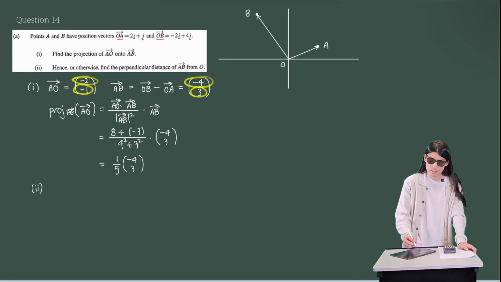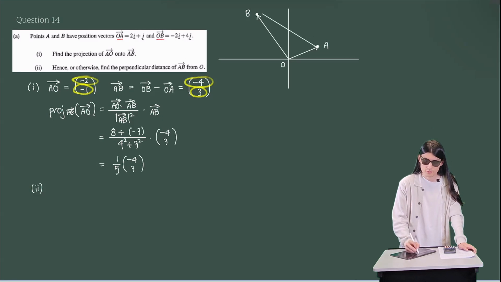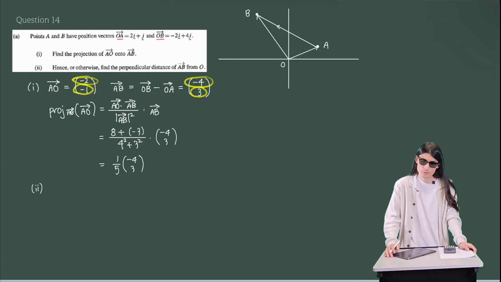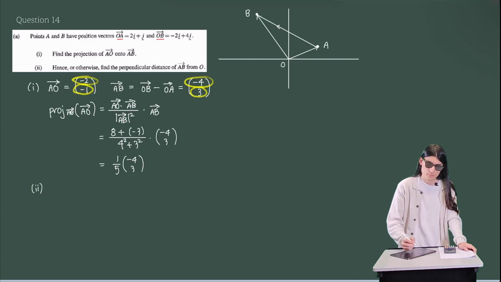Right? And the vector AB then is, of course, the vector joining A and B, like this. And the projection of AO onto AB, which you guys found in the first part. Well, AO is OA backwards, like I said, isn't it?